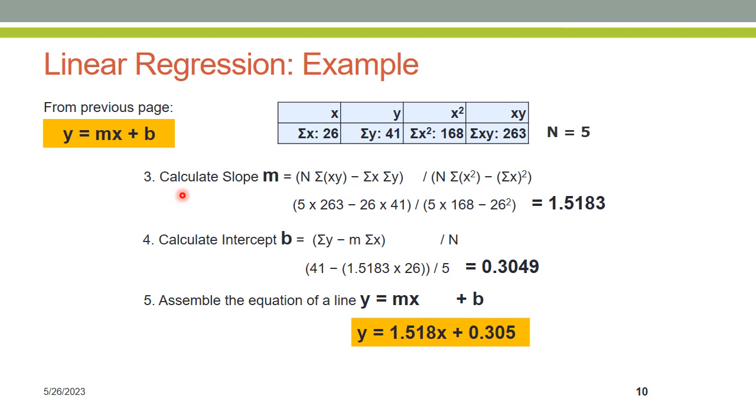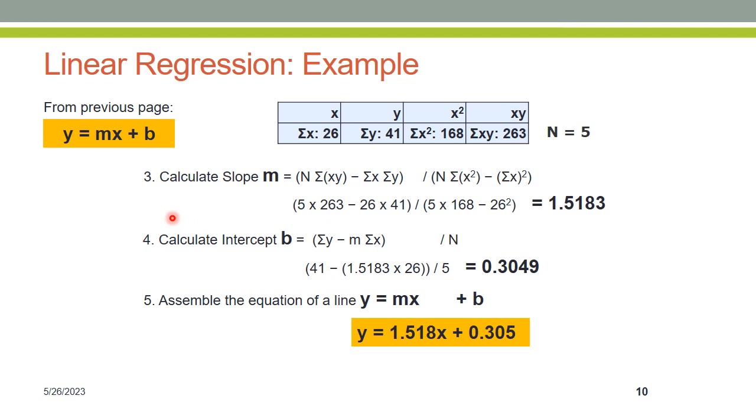Our slope m equals n multiplied by the sum of x times y, minus the sum of x times the sum of y. We divide that by n multiplied by the sum of x squared, minus the square of the sum of x. So that gives us these numbers here, and we end up with an m value of 1.5183.